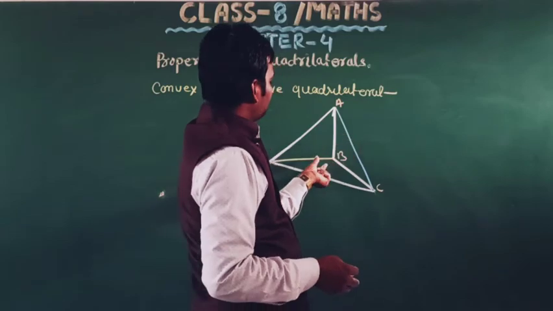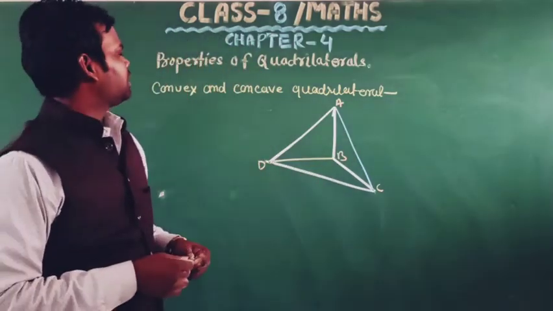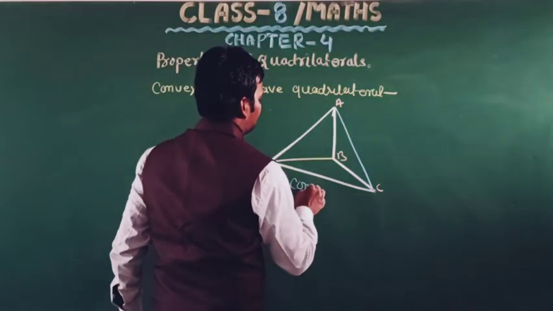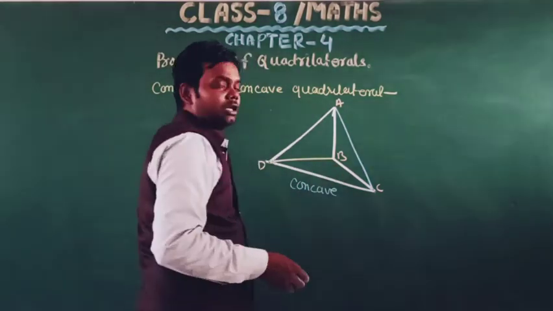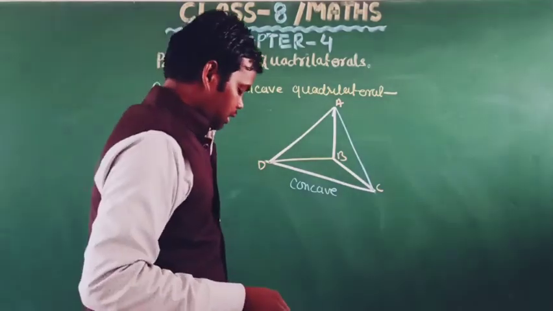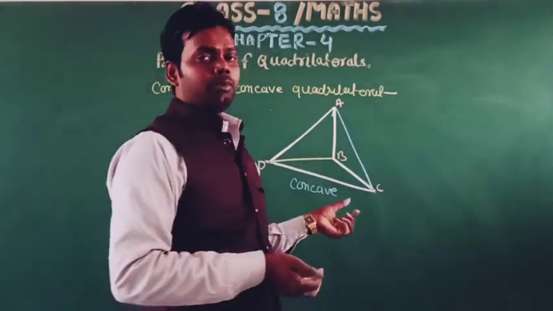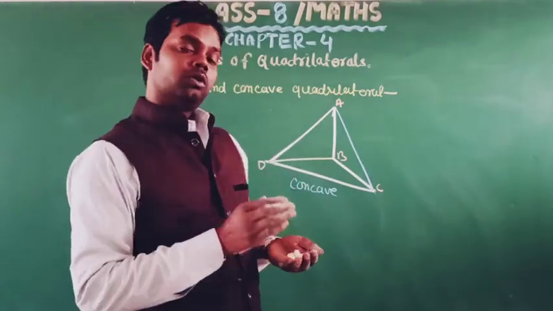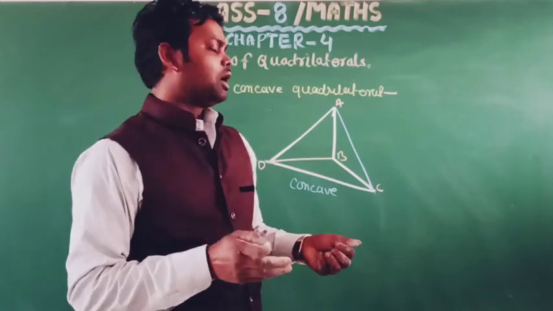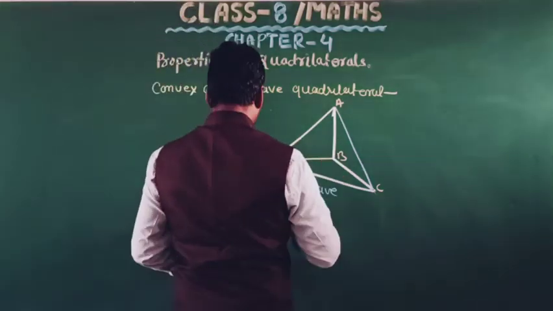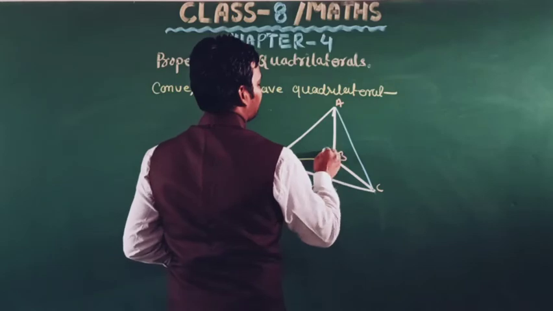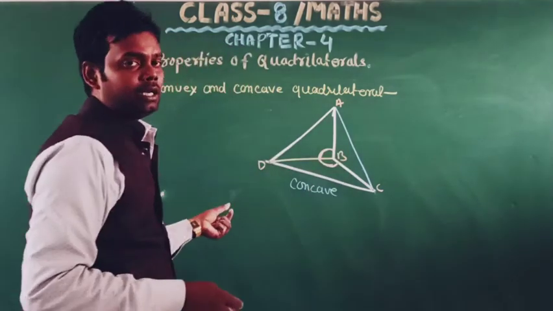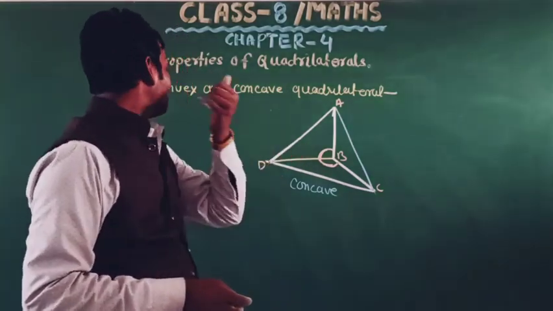Such a type of quadrilateral is called a concave quadrilateral. So this is an example of concave. In another way, if one angle of a quadrilateral is more than 180 degrees, we also call it concave. Here at vertex B, this angle is more than 180 degrees, so this is a concave quadrilateral.